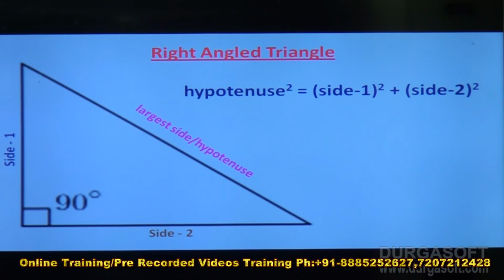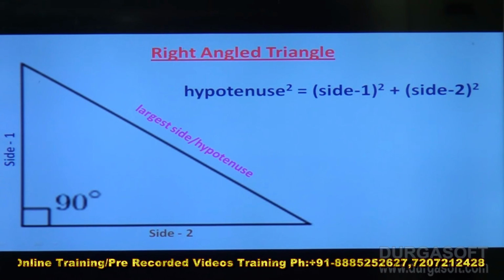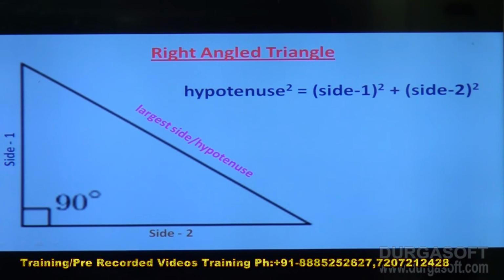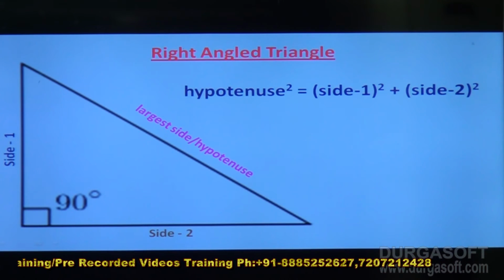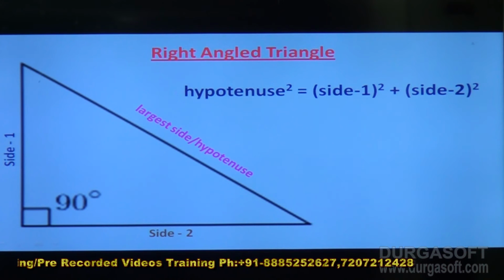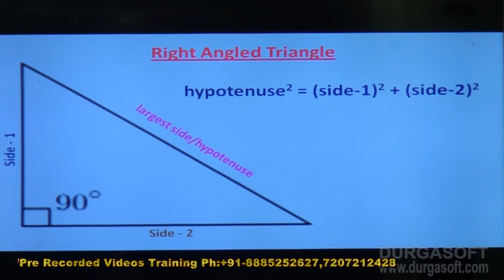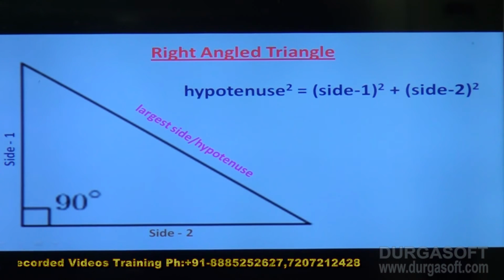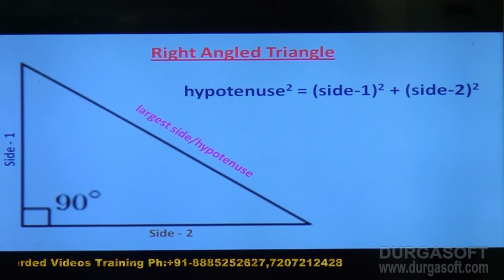You can take it in any way. Hypotenuse square is equal to side 1 square plus side 2 square, right? This is the Pythagoras theorem. This theorem is most useful when we are doing direction problems. Depending on the concept we have here in right angle triangle, we use the same concept in directions, and we just use side 1, side 2 and side 3.